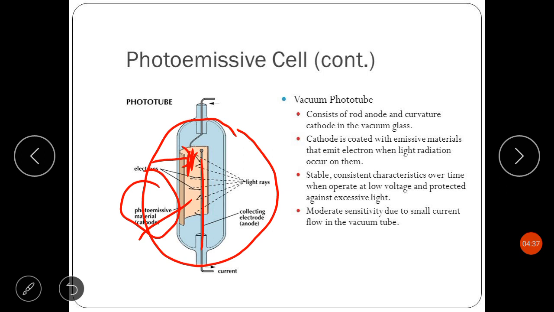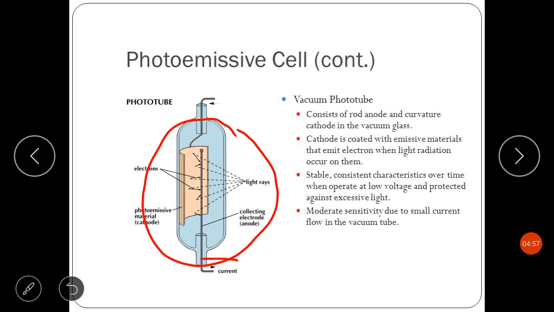Now what is the mechanism? The curved surface is the cathode and the rod is the anode. What happens when light strikes the curved surface coated with photoemissive material?